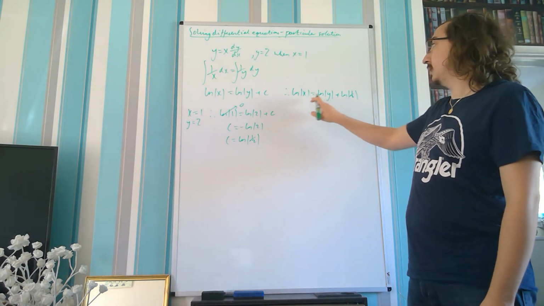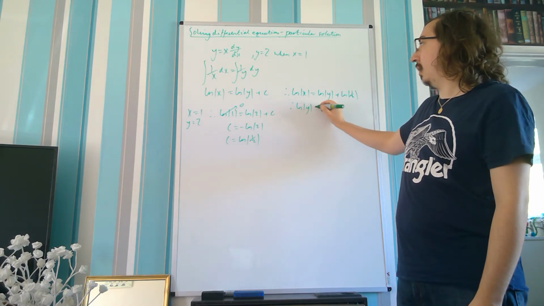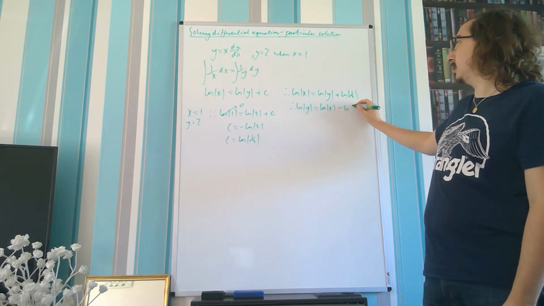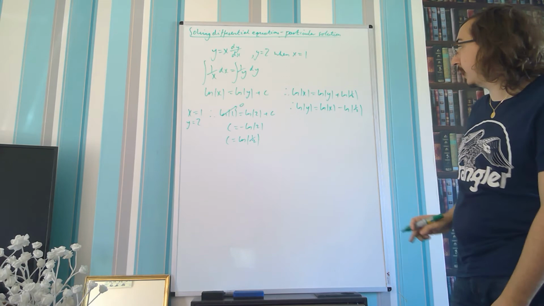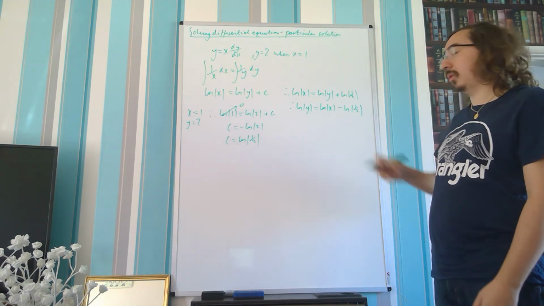If we rearrange this slightly, we can say that ln y is equal to ln x minus ln a half. Because it is a minus here, we can combine these two logarithms.